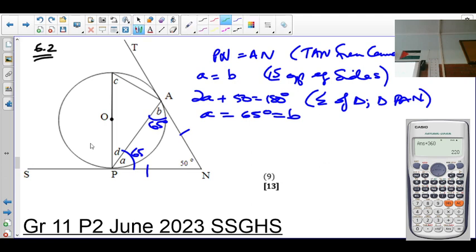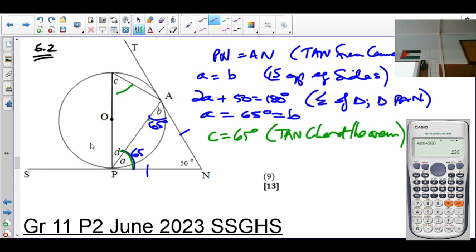Now we go and we work out C. We got B and we got A. C is the same as 65. Why? Because of the tan chord here. Or we could have used this here as well, the same. Yeah? 65 degrees. It's the tan chord theorem. Okay.